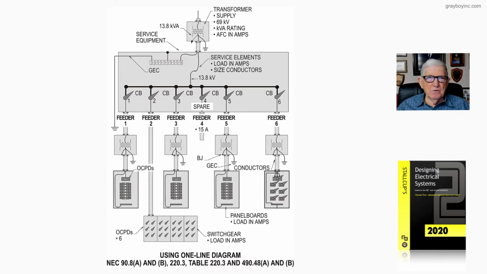But do remember now that the reason we show you this figure 24-2 is because in the text of Stallcup's Electrical Design Book, Volume 2, we're sizing all the components from the calculations that were performed in figure 24-1 and in the text that would relate to that particular one-line diagram outlined in 24-1.